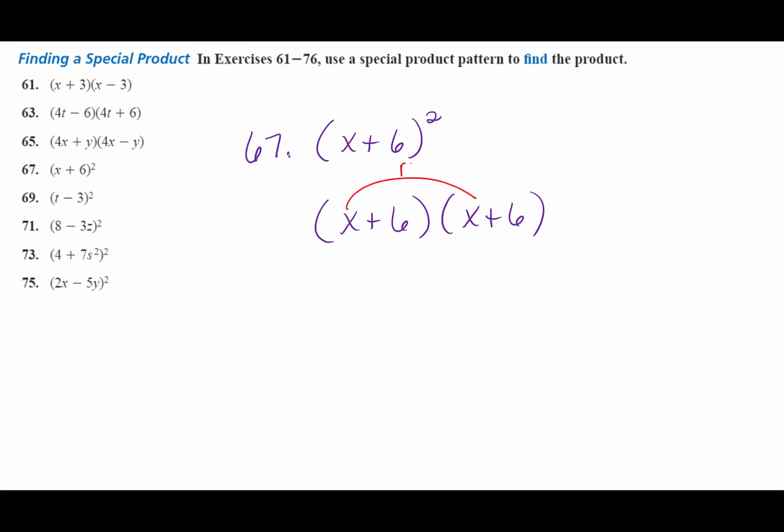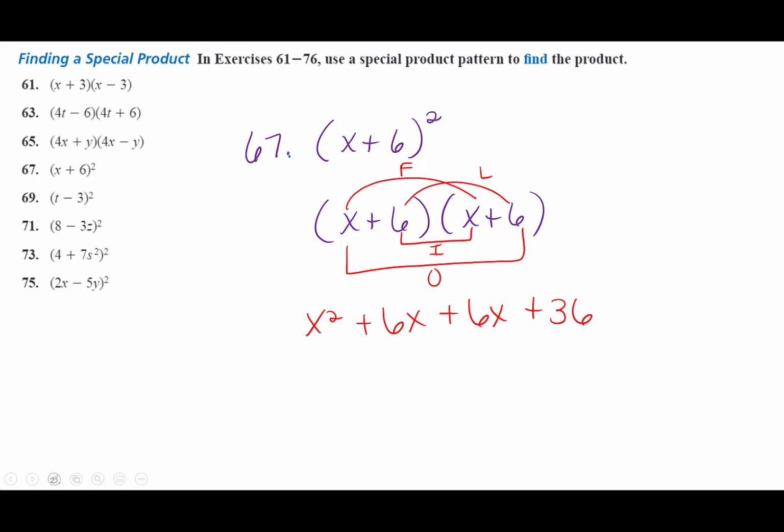X times x is x squared. X times positive 6 is plus 6x. And then our inner term is also 6 times x, which is also 6x. And then our last term is 6 times 6, which is positive 36. Now when we go to collect like terms, they don't cancel, even though it's the same number, same variable.